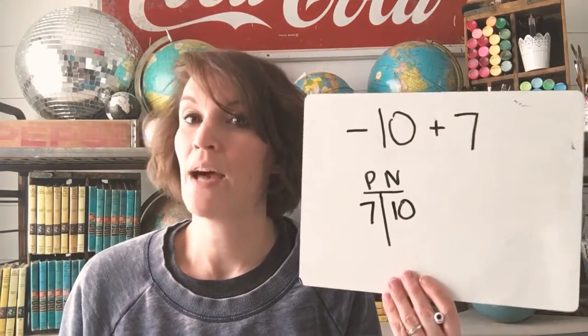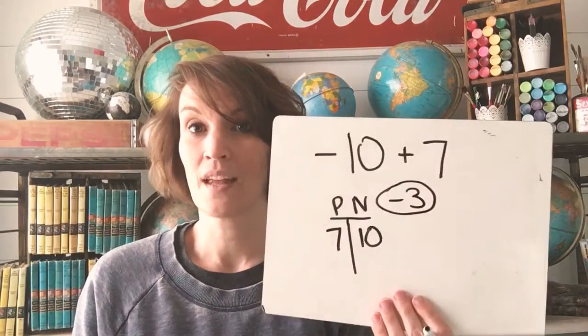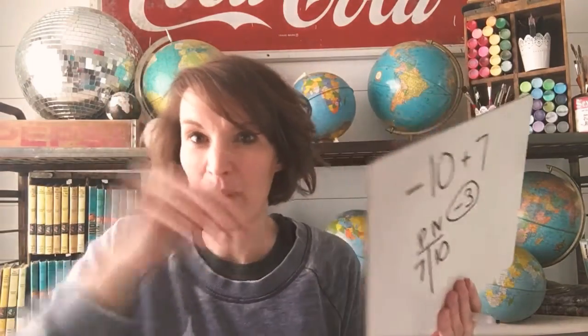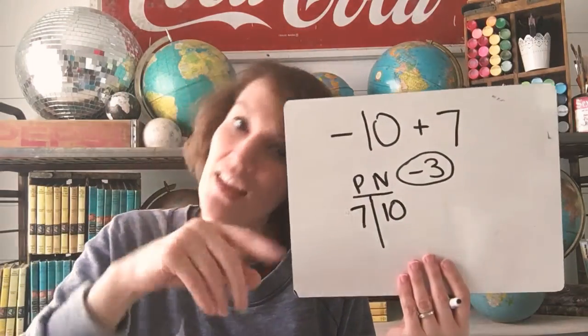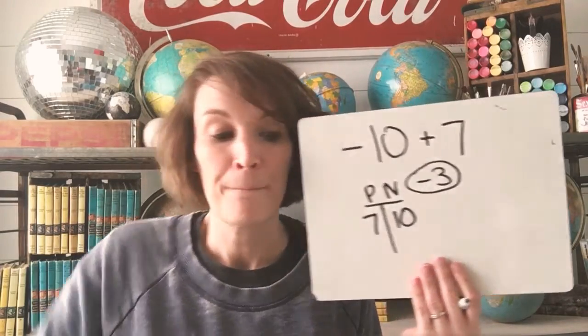Who won and by how much? The negatives won by 3. So the answer is negative 3. If you're playing battle, you would have 10 nickels and 7 pennies, and you'd knock everybody out, and you'd have 3 nickels standing.